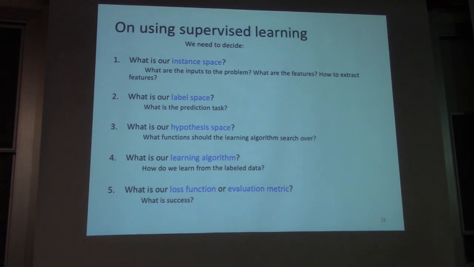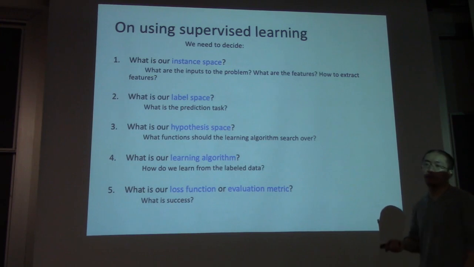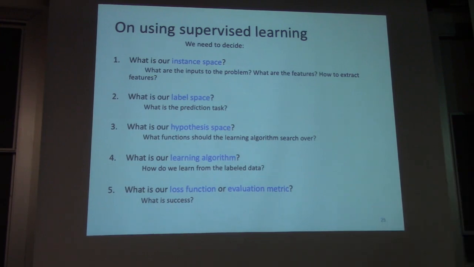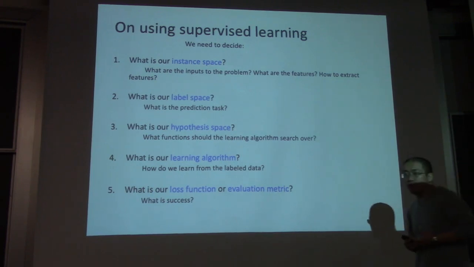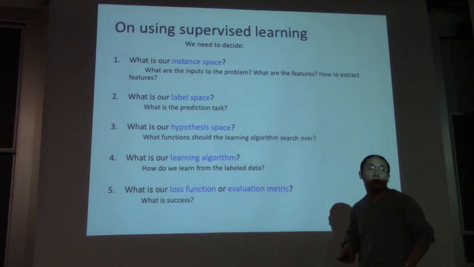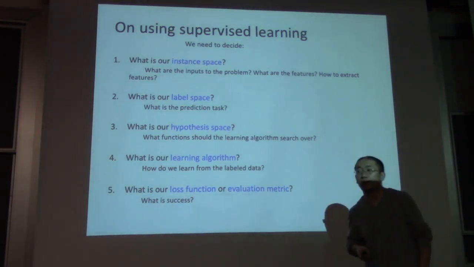And then, what is our label space? Does the label space just contain 2 elements? Then we're doing binary classification. For example, you want to predict whether your email is spam or not. This is binary classification, because the label space only contains 2 elements. If you want to predict stock prices, then the label space is continuous, full of real numbers.